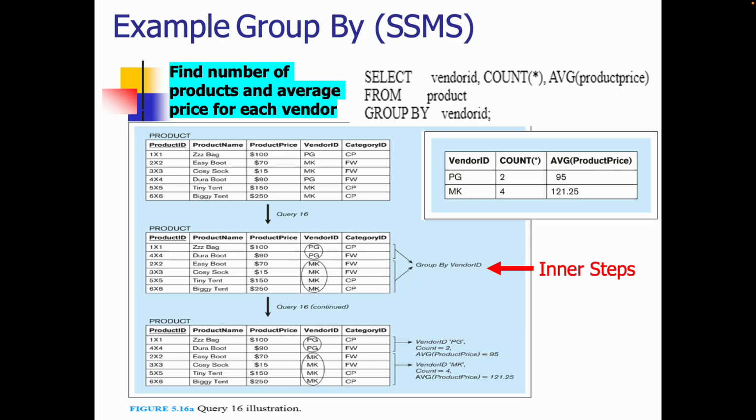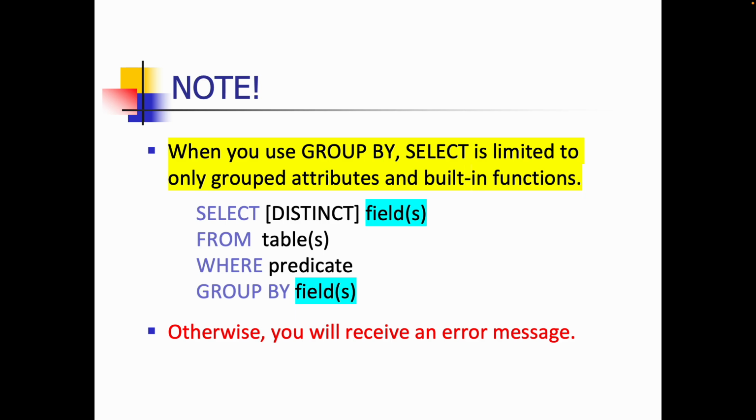And then here was just another example, and just a formal format to write your group by statement. For example, you select or select distinct the columns that you want to group by, and you can also use any other column as long as they are within the aggregate functions.